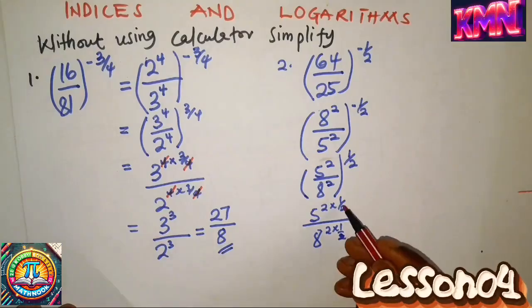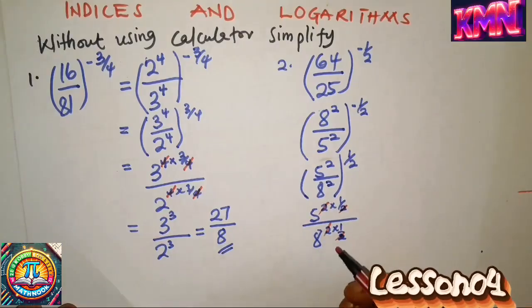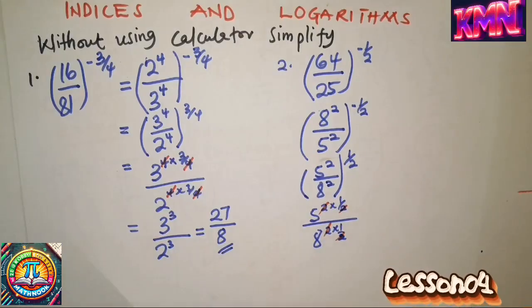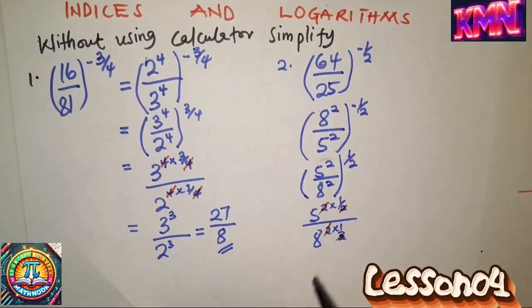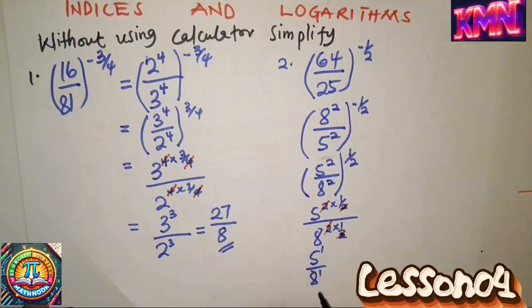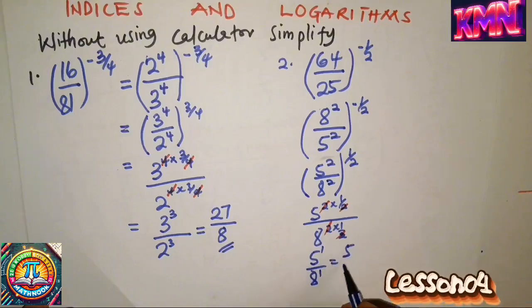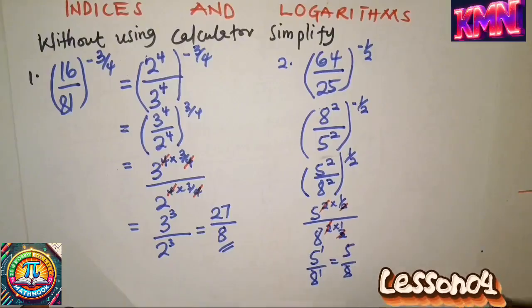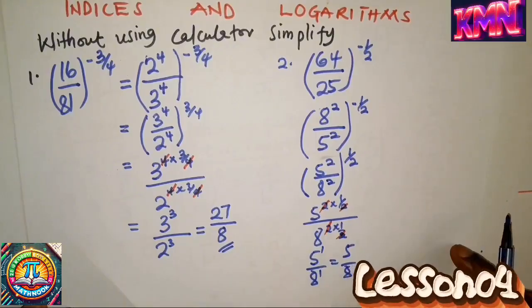Which we know that this cancels, this cancels that. And we are going to get 5 exponent 1 on 8 exponent 1, which is the same as 5 out of what? 8 as our answer. I hope it's clear. It's very simple.